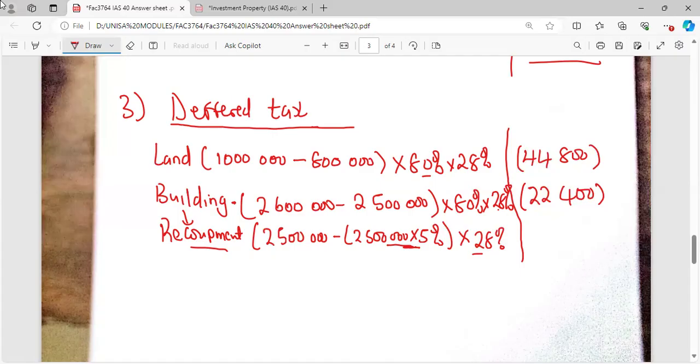It is 665,000. Yes, it's 665,000. Let me just also do it here so that we know we are on the same page. Yeah, it's 665,000. Maybe we made a mistake on the calculation.